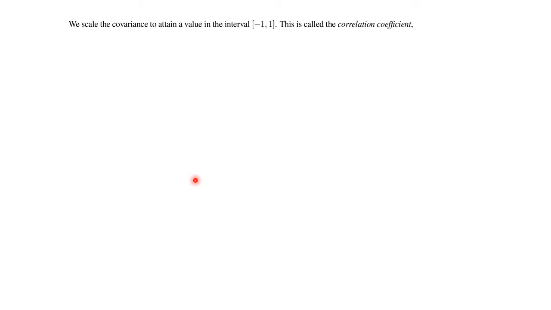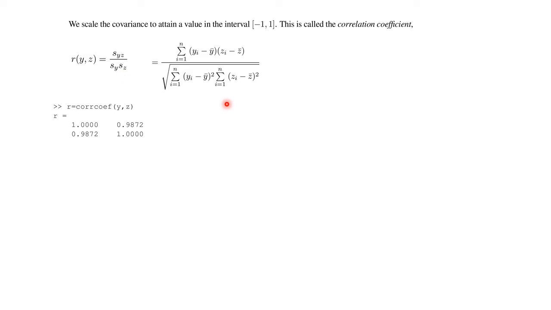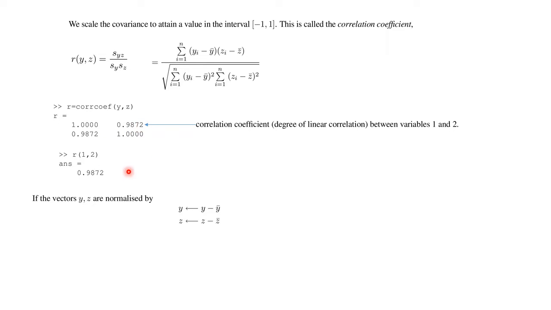And if we want to normalize that, we'll divide by the corresponding standard deviations. And so that gives us what we call the correlation coefficient. And there it is. That's a measure of the correlation between the two variables, between 1 and 2 and 2 and 1. And we can pick out the one we want, 1, 2.